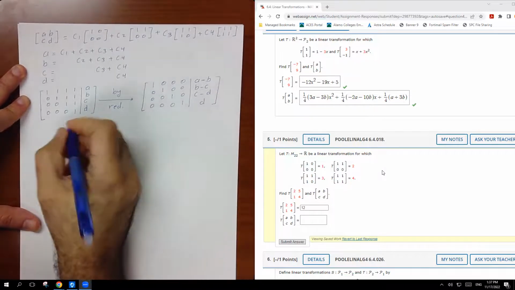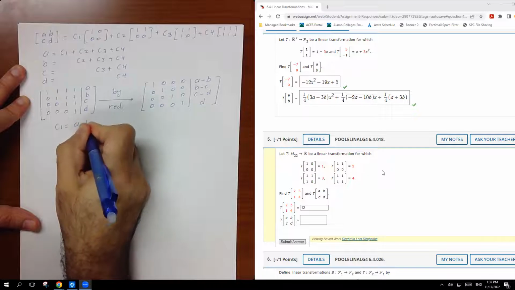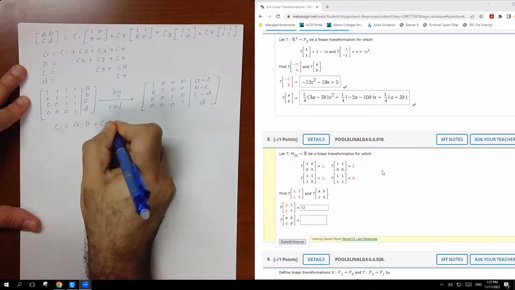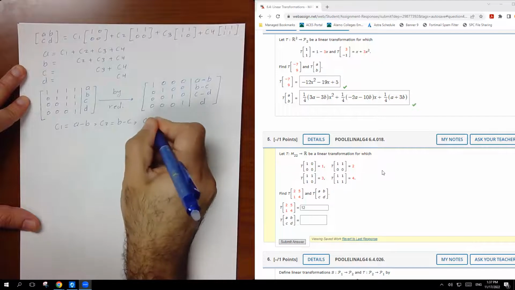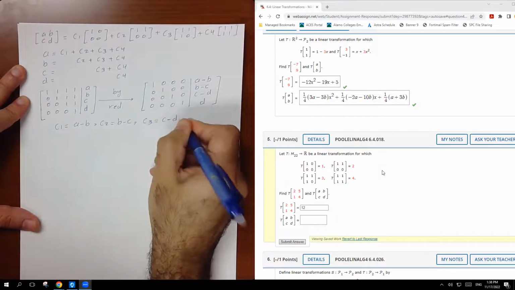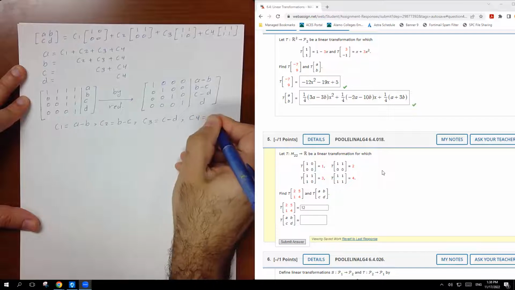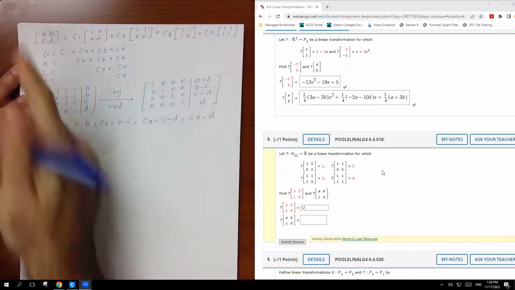In this case, we have C1 equal to A minus B, C2 equal to B minus C, and C3 equal to C minus D, and C4 equal to D.